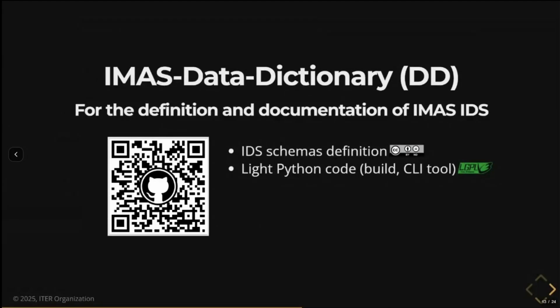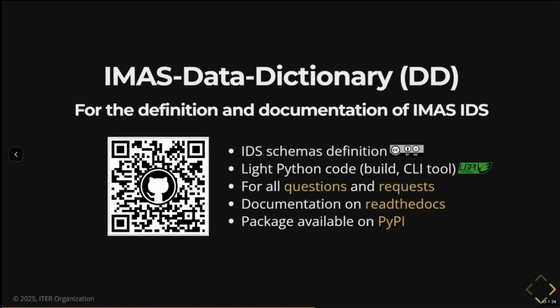There is a bit of Python code, which is LGPL, that allows building documentation and a small command line tool. But most importantly, what we want is to move all of the questions, the discussions, the requests for any changes, for any additions, to be done openly, directly on the GitHub platform.